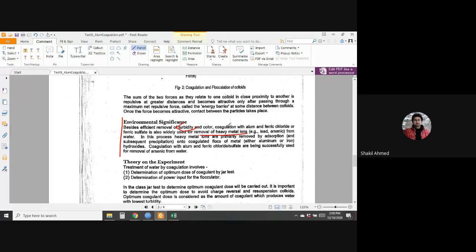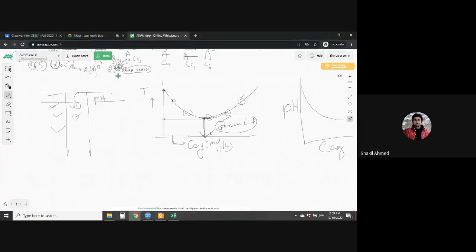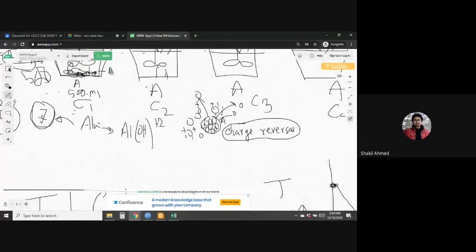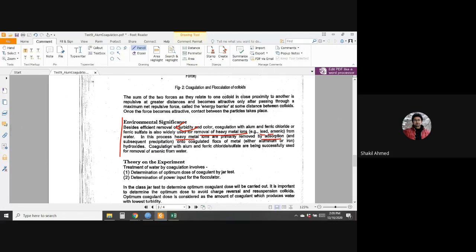Along with turbidity, heavy metals like arsenic and lead are also sometimes partly removed. Heavy metals are primarily removed by adsorption onto coagulated flocs. These flocs that accumulate adsorb heavy metals, for example arsenic if present. So coagulation with alum and ferric chloride is being successfully used for removal of arsenic from water. Clear?